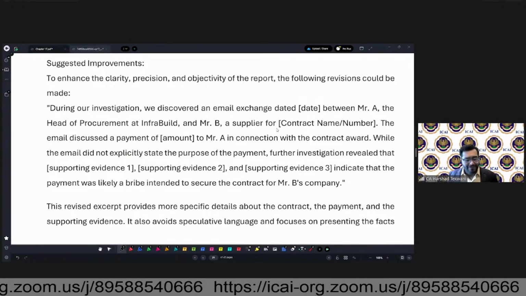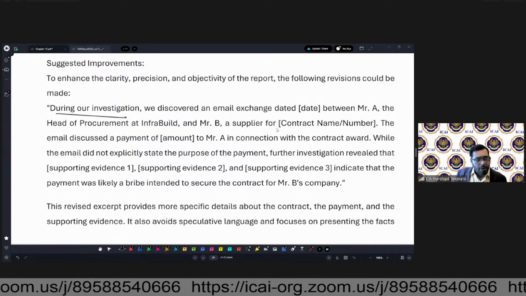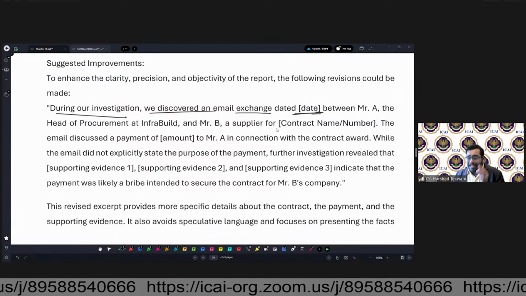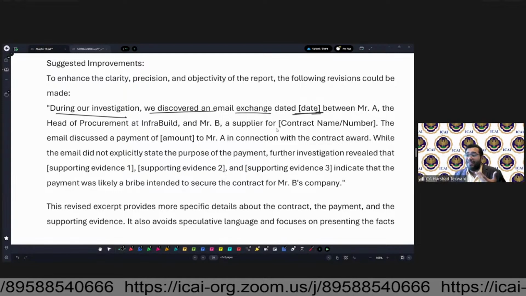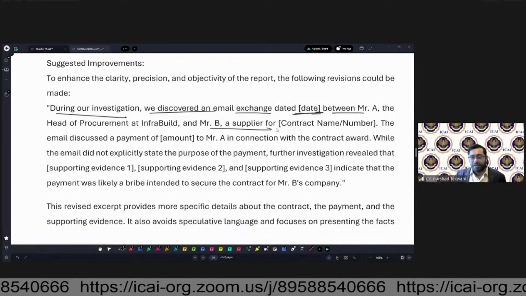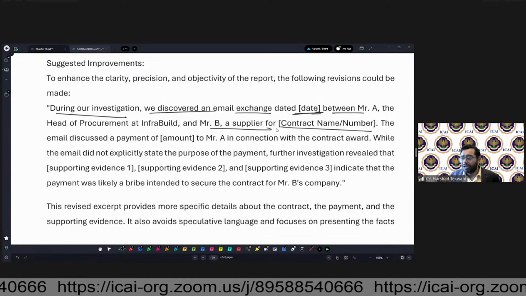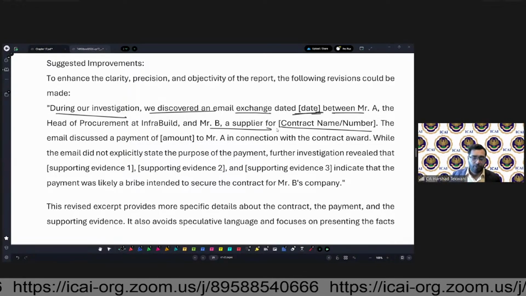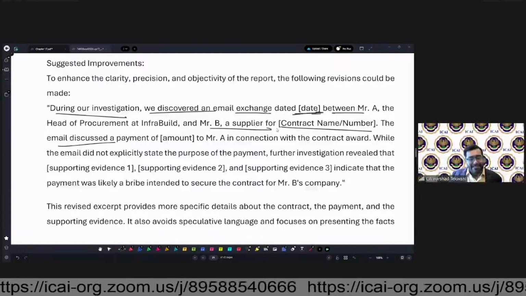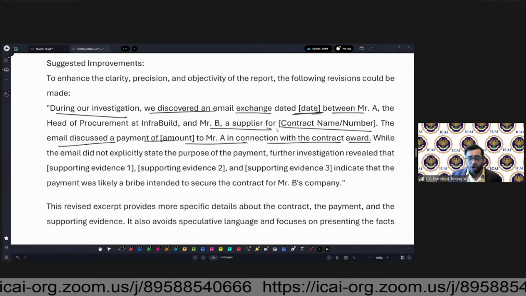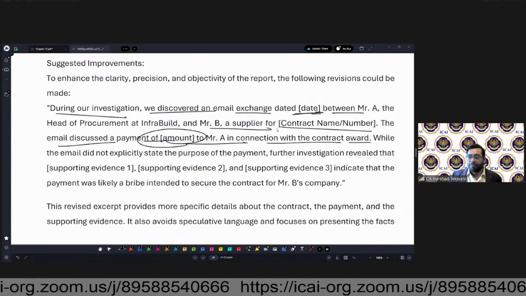During our investigation, we discovered an email exchange dated, so the date specifies when the discussion happened, between Mr. A and Mr. B, contractor number, name, some information about the contractor or contract. The email discussed a payment of this much amount to Mr. A in connection with the contract award. So here the quantification is there.